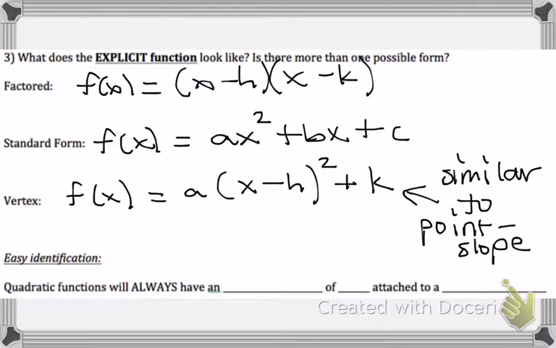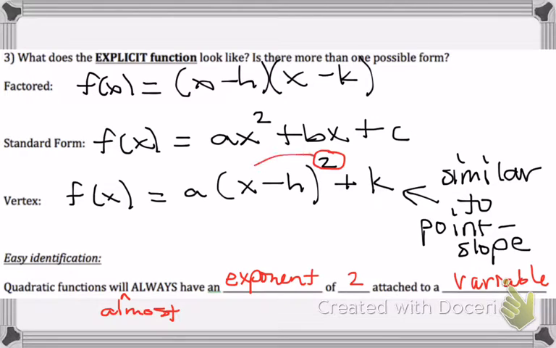Okay, so quadratic functions will almost always have an exponent of 2 attached to a variable. You can see it right here. You've got an exponent of 2 attached to this x right here, and an exponent of 2 attached to this x right here.